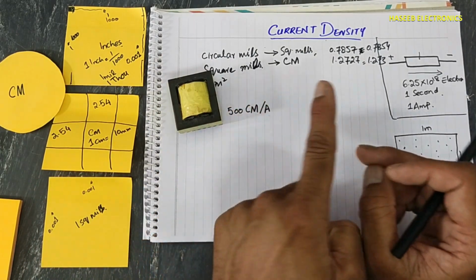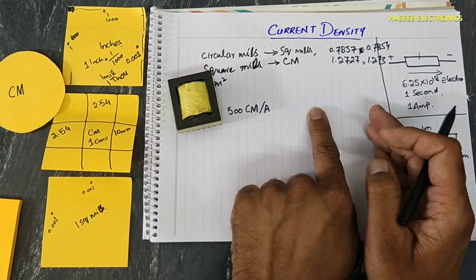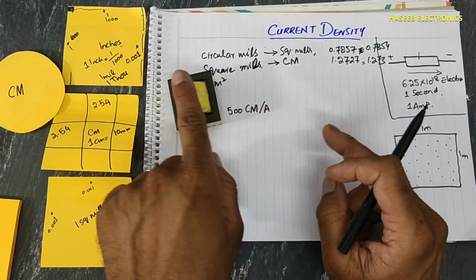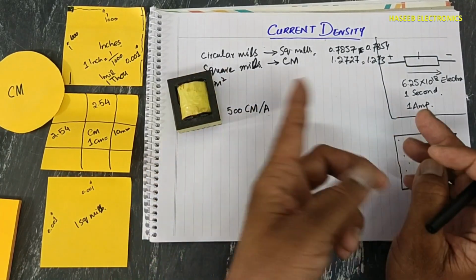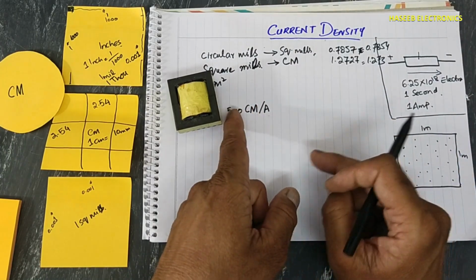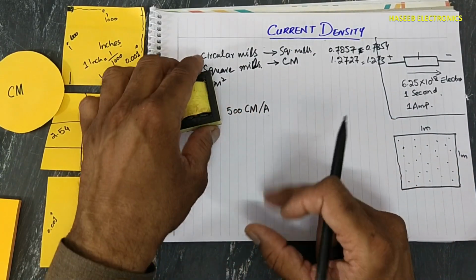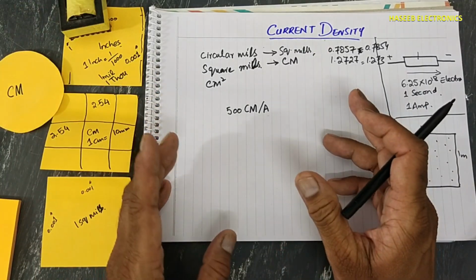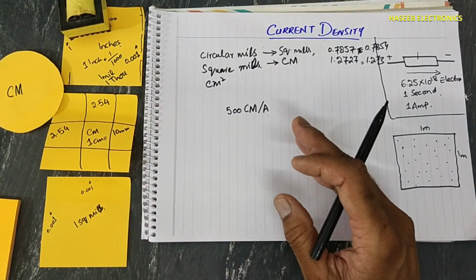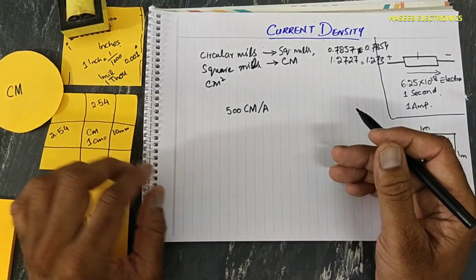We need to convert this into centimeter to match our calculation, or we can convert centimeters back into inches to follow the calculation method. Which calculation method you use depends on you.